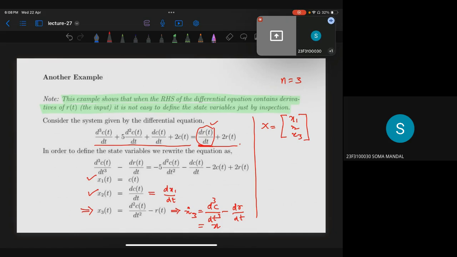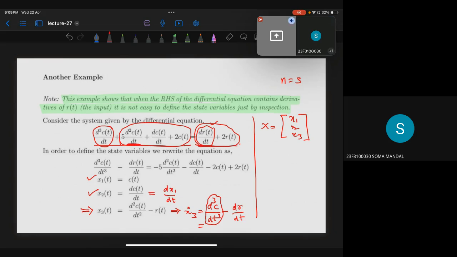The expression for this is nothing but this expression minus this expression. Yes or no? That's how it looks.